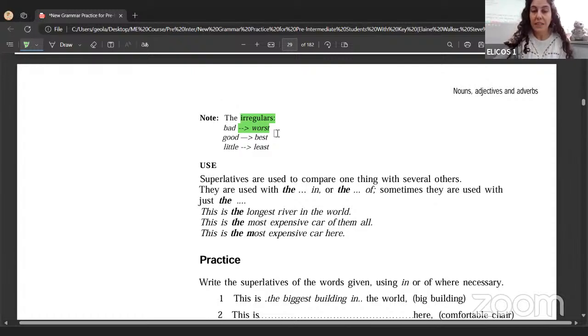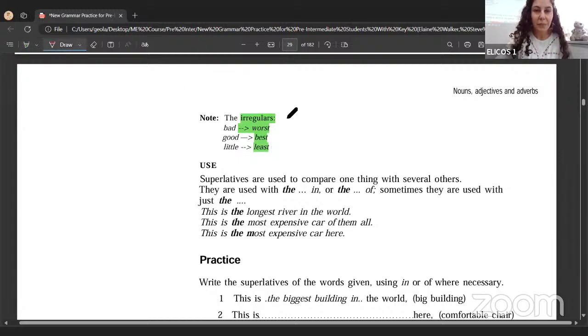But in the superlative, worst, with a T ending, not an E. Good, we say best. Remember in the comparative, it was better. But in the superlative, it's best. And little, we say least.